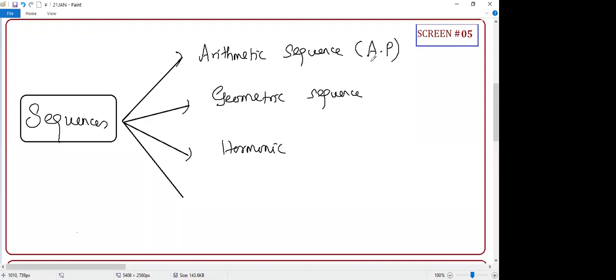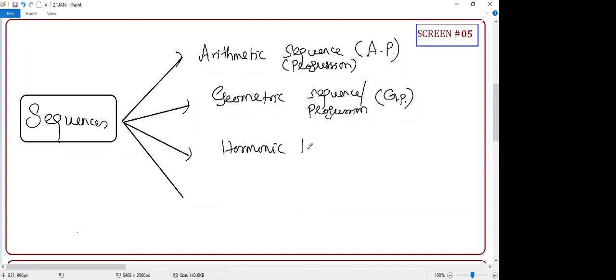Are you clear? AP is the expansion of what? Arithmetic progression only. But it is arithmetic sequence also. Clear? Okay. Same way, instead of geometric sequence, you can say geometric progression. It's called GP. Clear? GP.